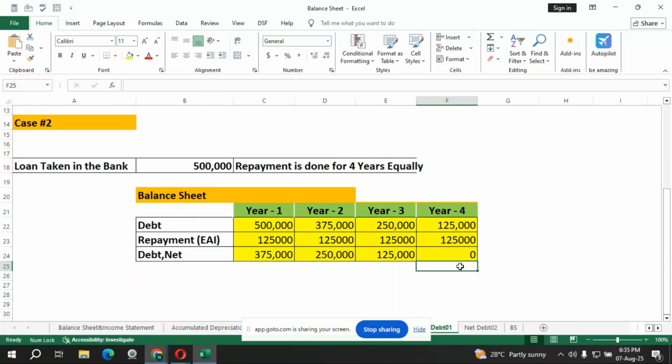In case you have any doubts, you can unmute yourself and ask the doubt, or put it in the chat box.